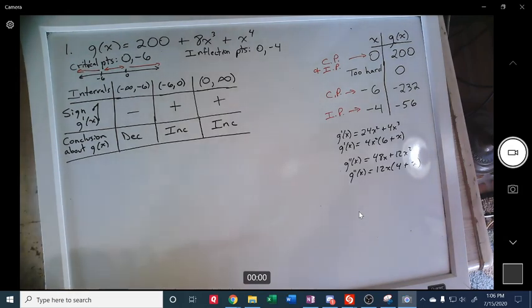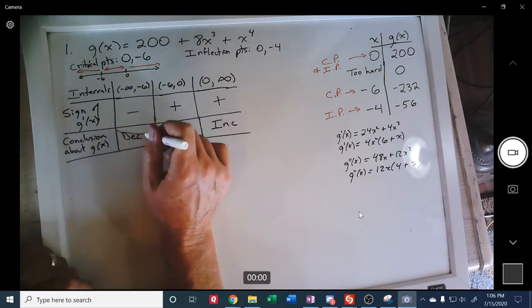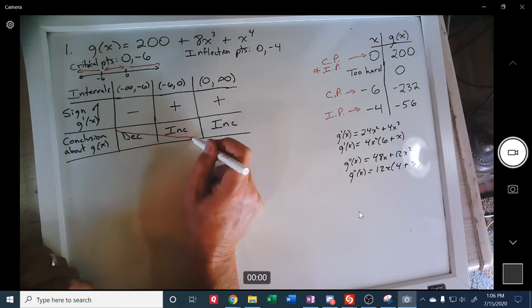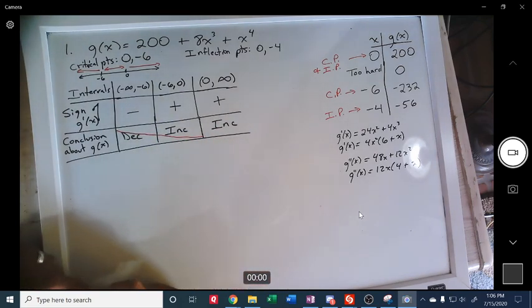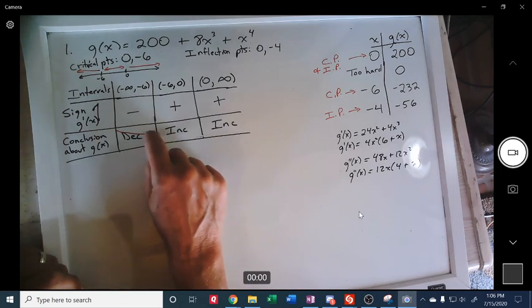By the way, I could also make a tiny little sketch. Something like this. And it is decreasing like this. This is kind of like the first derivative test. Hold it. I screwed up.